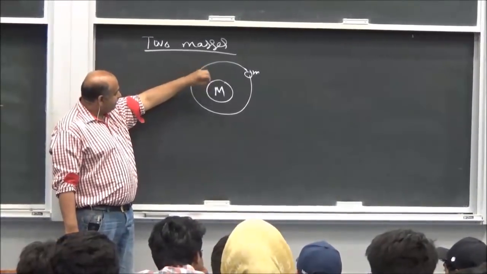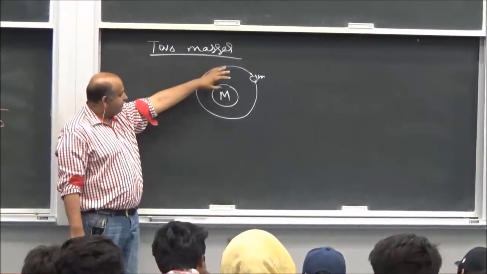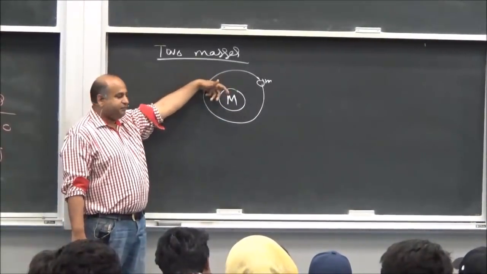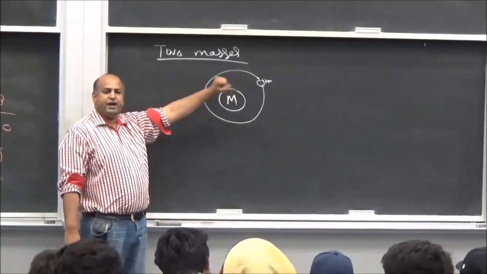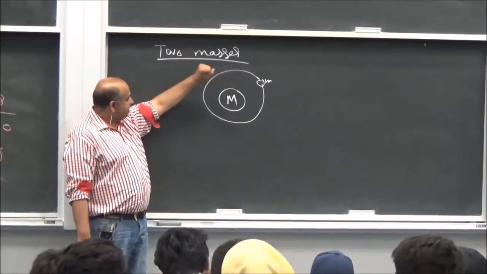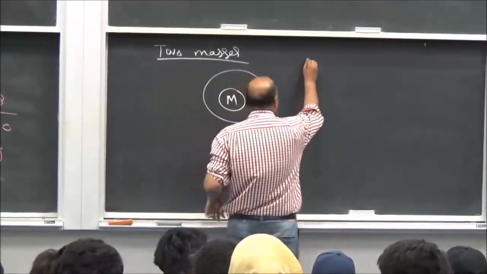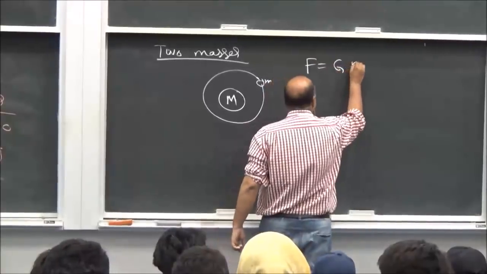We imagine that this one is stationary and the other one is going around it. This is the general motion that is possible for two particles. It's almost like a hydrogen atom, but the hydrogen atom is made up of two charges, while here there are two masses which are attracting each other through this gravitational force.